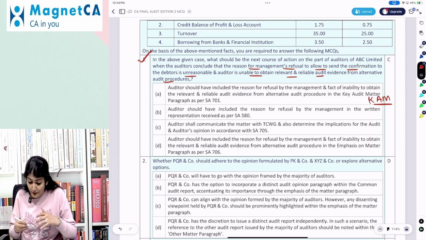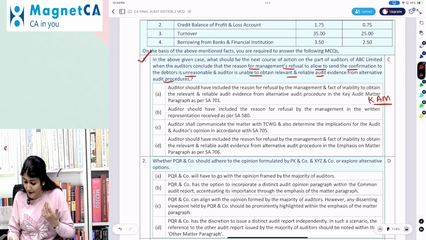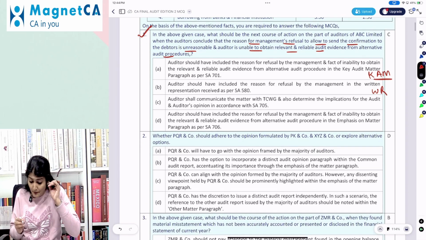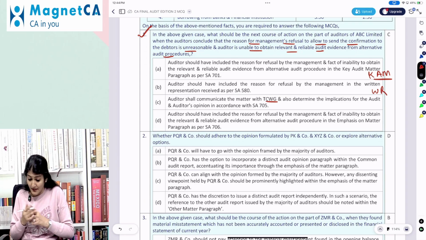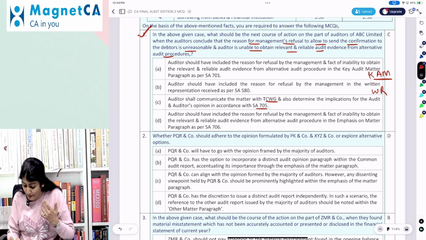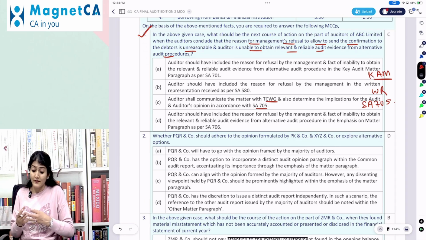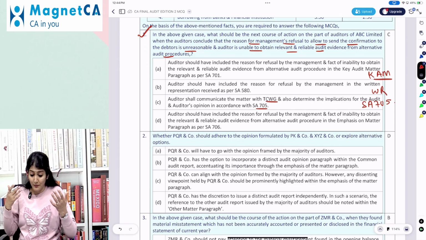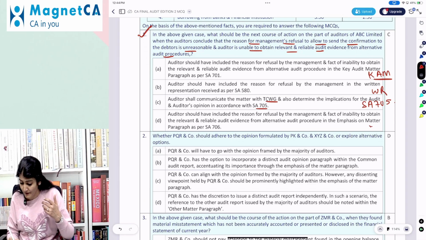Auditor should have included the reason for refusal by the management in the written representations as per SA 580. Auditor shall communicate the matter with TCWG and also determine the implications for the audit and audit opinion as per SA 705. An auditor should have included the reason for refusal by the management and the fact of inability to obtain the evidence from the alternative procedures in the emphasis of matter paragraph.